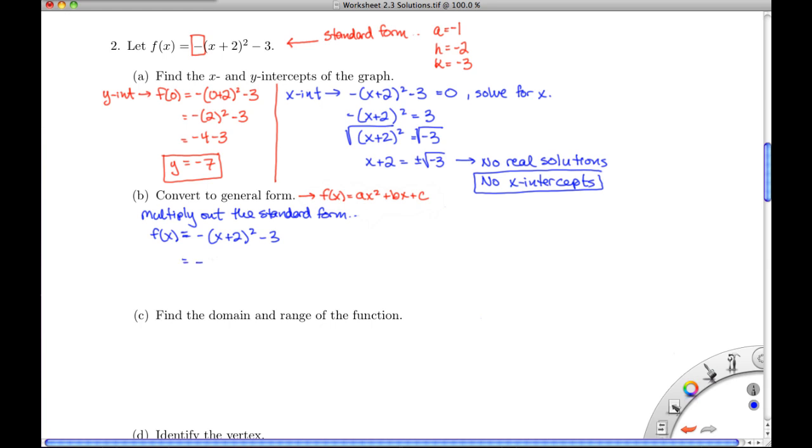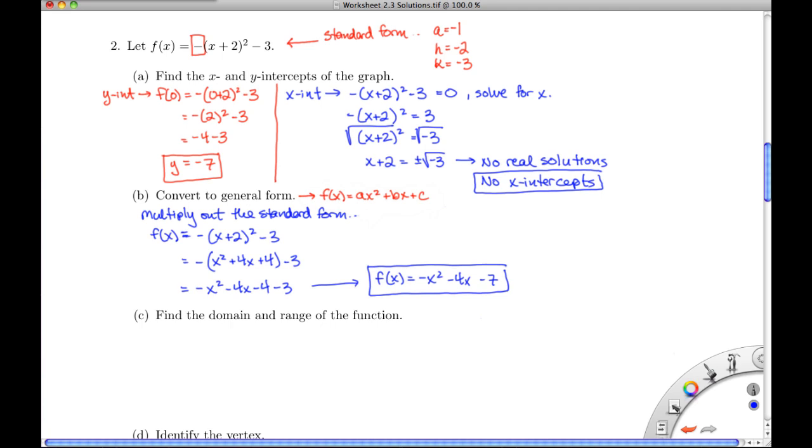So we'll have minus, and if we multiply x plus 2 times x plus 2, we get x squared plus 4x plus 4, minus 3. Distribute that negative, we have minus x squared minus 4x minus 4 minus 3, and what we see is that our general form will be f of x is equal to minus x squared minus 4x, and then we add those two constant terms to get negative 7. So this is going to be the general form of this quadratic that we're working with here.